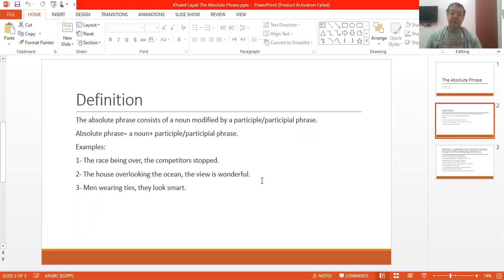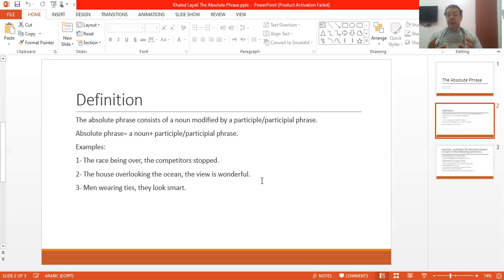Another example, number three, men wearing ties, they look smart. Men is a noun, okay? And wearing ties is a participial phrase that modifies the noun men. So men wearing ties, the whole of it is called an absolute phrase.